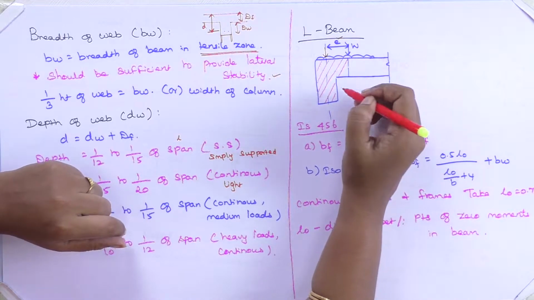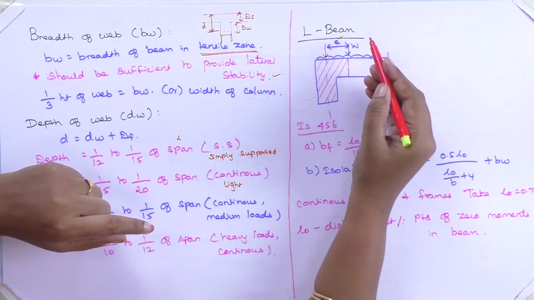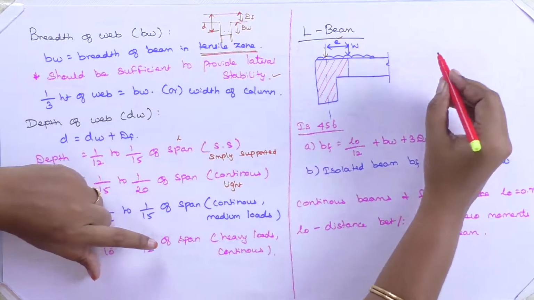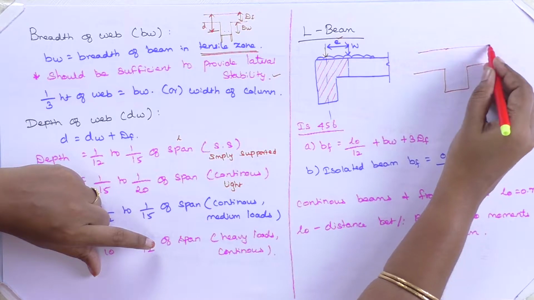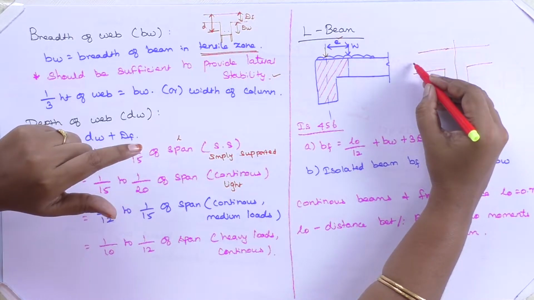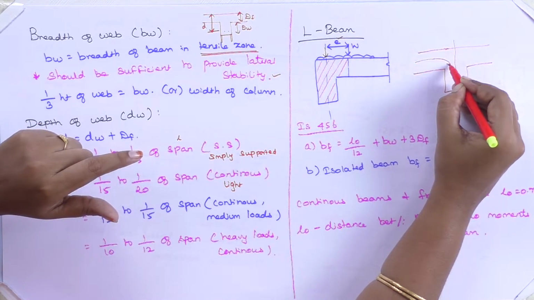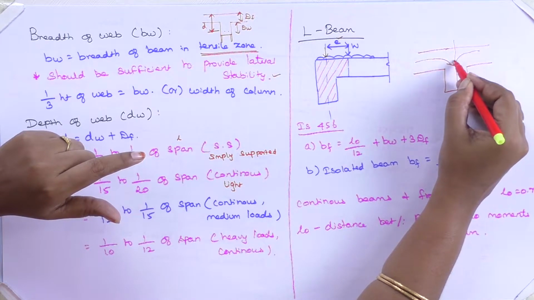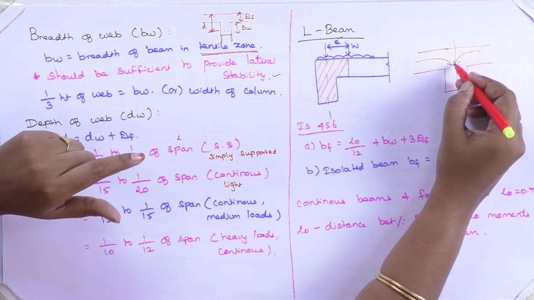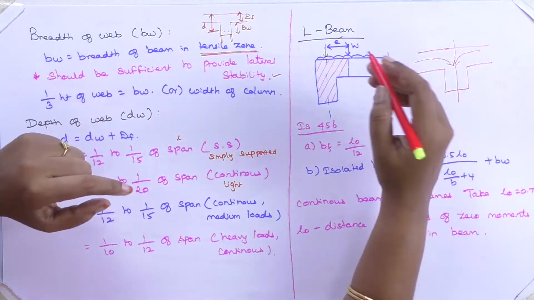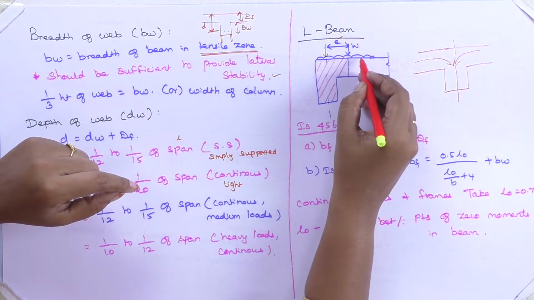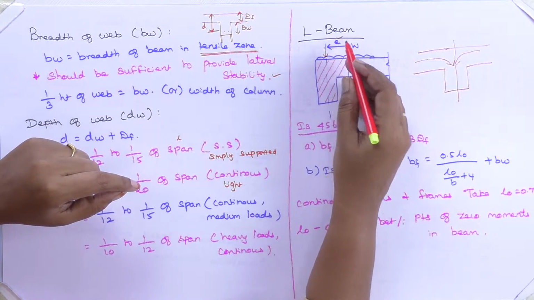That's why it makes some eccentricity in your beam. In the T-beam system, the load carried by the slab transfers directly to the center line, so the axis takes everything and you don't get any eccentricity. But here you may have some eccentricity E.